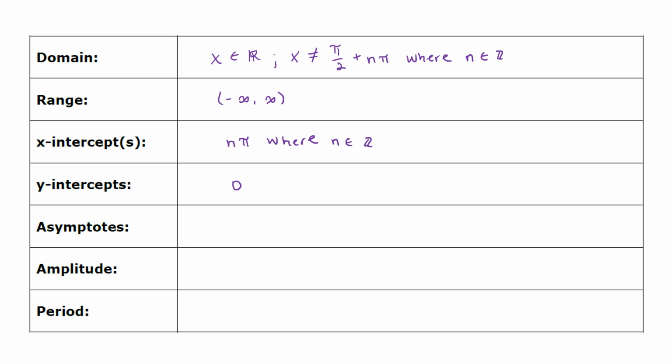The asymptotes are going to be x equals pi over 2 plus n times pi, where n is an element of the integers. The amplitude is undefined, and that's because there is no minimum and maximum values, and the period is going to be pi.